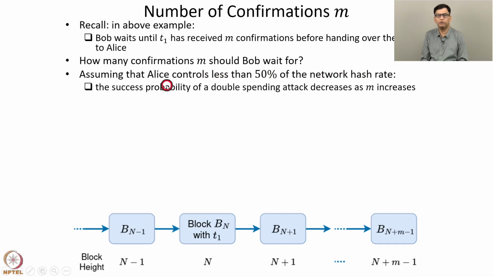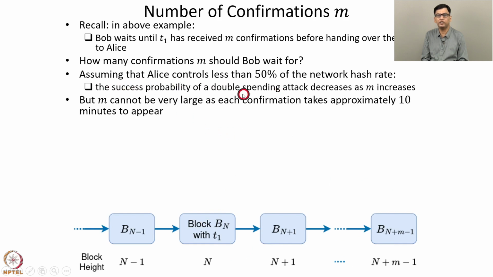Under this assumption, the success probability of a double spending attack decreases as m increases. If the block containing this transaction T1 has already become long, then it will be unlikely that another miner with less than half the network hash rate will be able to find another branch which is longer than this branch.